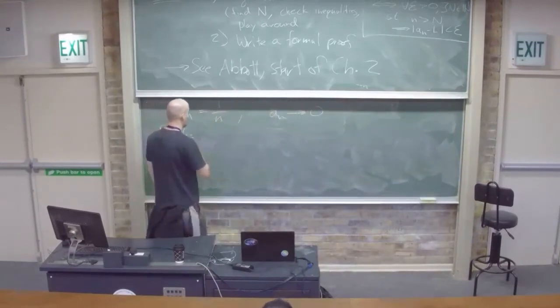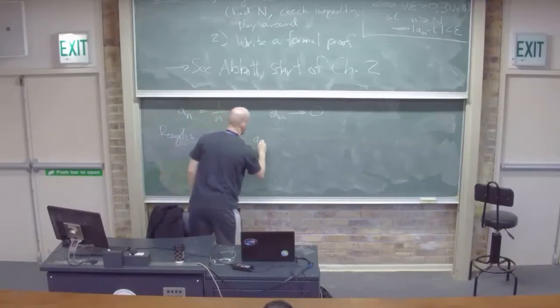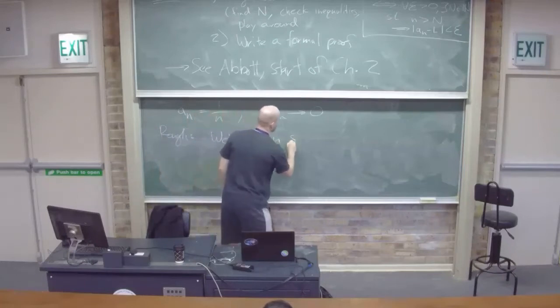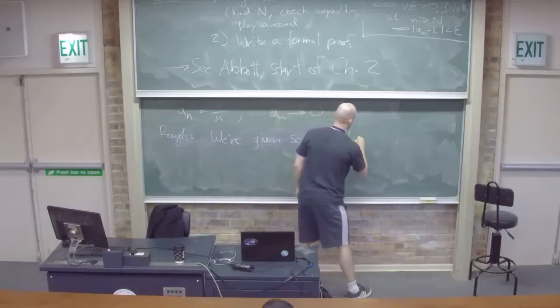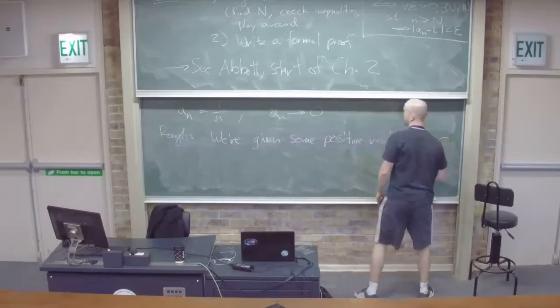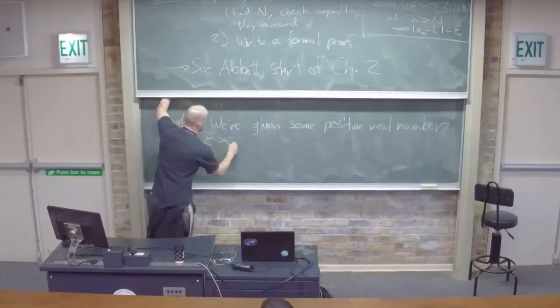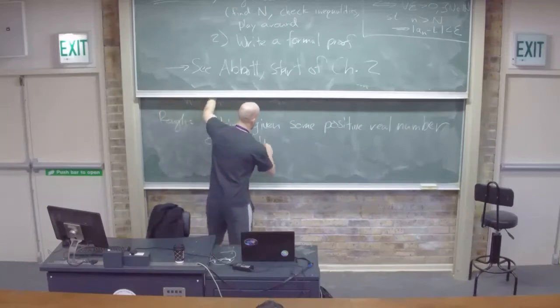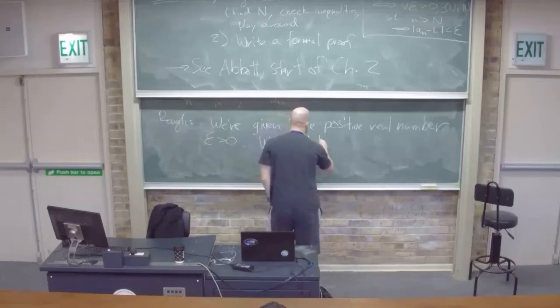So roughly, we're given some positive real number epsilon, which is greater than 0, and we want to show that the absolute value of a_n, sorry, why did I write that?